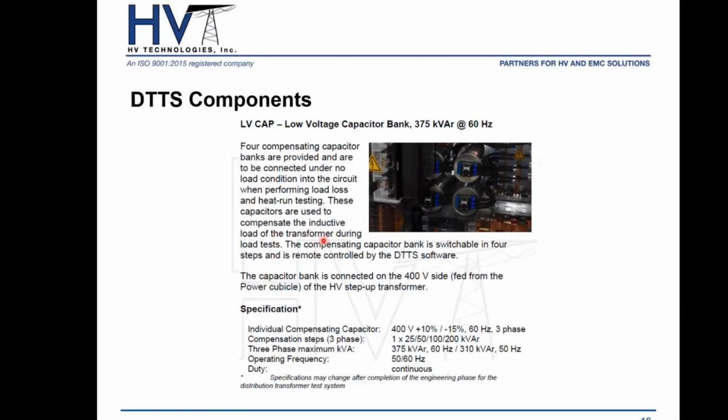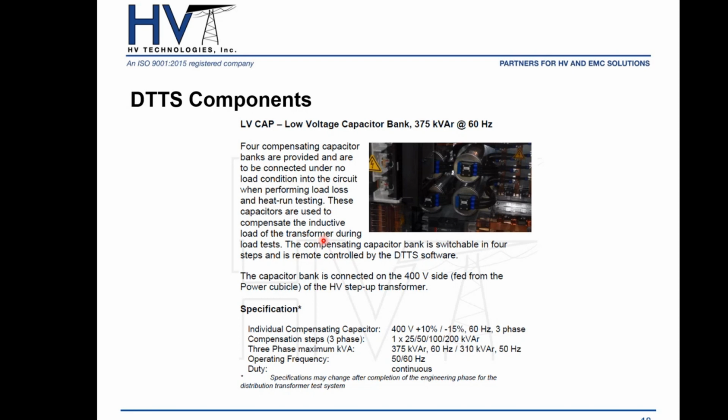So like I mentioned, we have the low voltage capacitor bank. It's a 375 kVAR at 60 hertz. So basically it's four compensating capacitor banks. They are connected under no load conditions into the circuit when performing load loss and heat run testing. These capacitors are used to compensate the inductive load of the transformer during load test.